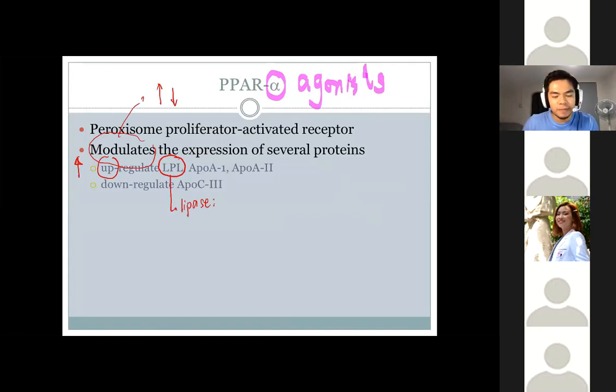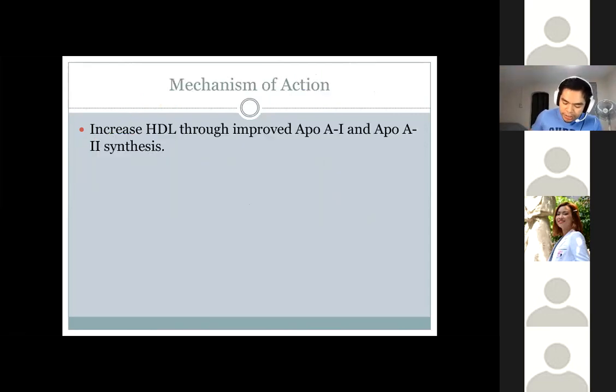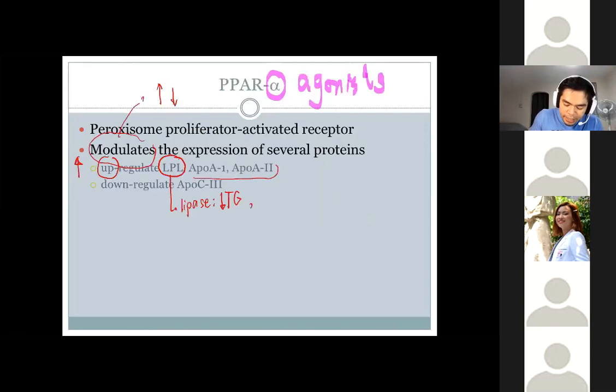Ano nga ulit ang expectation kapag enhanced ang LPL? Enhance or reduce triglyceride level? Okay, reduce triglyceride levels. Next, these agents can also enhance apoprotein A1 and apoprotein A2. Ano yung ApoA1 at ApoA2?